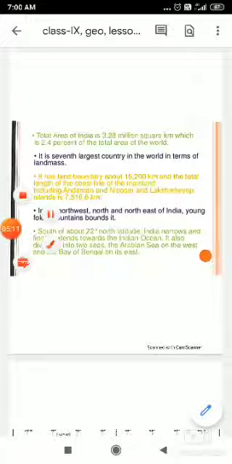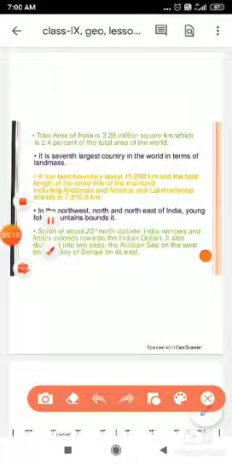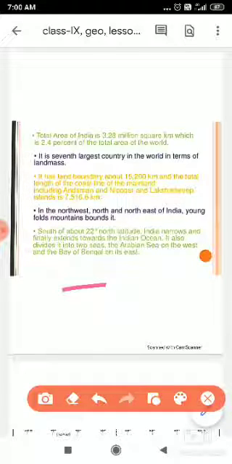Now I am going to explain you some more points. Listen to it properly. Suppose that this is the map of India.